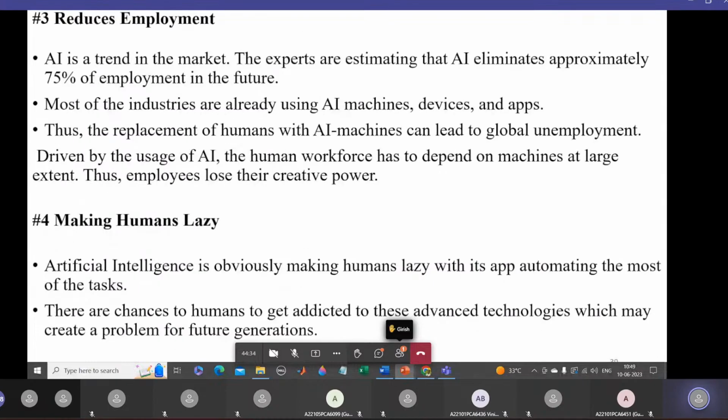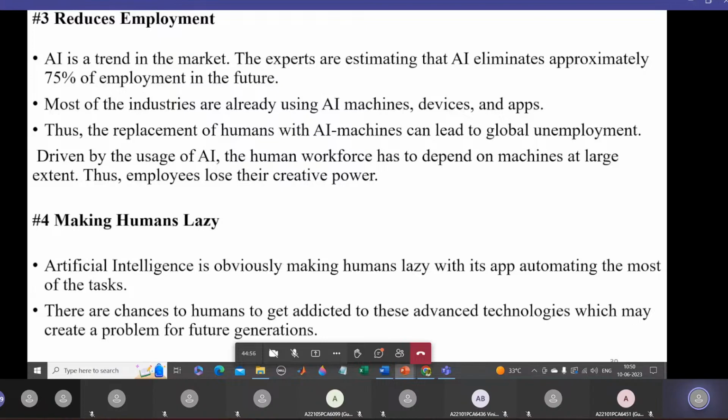It is a trend in the market now. They are estimating that AI is going to eliminate approximately 75% of employment. Just imagine, once the robot has been developed and is going to be used forever, it is going to remove the employability of humans.